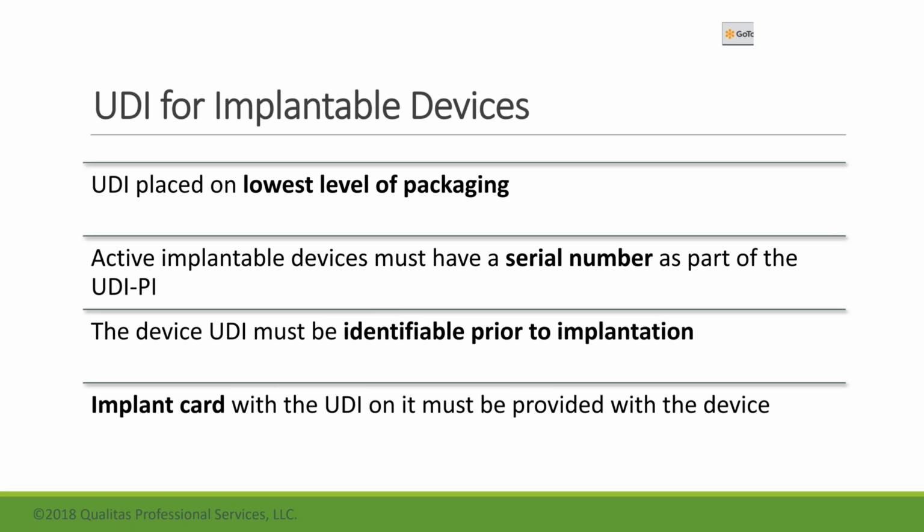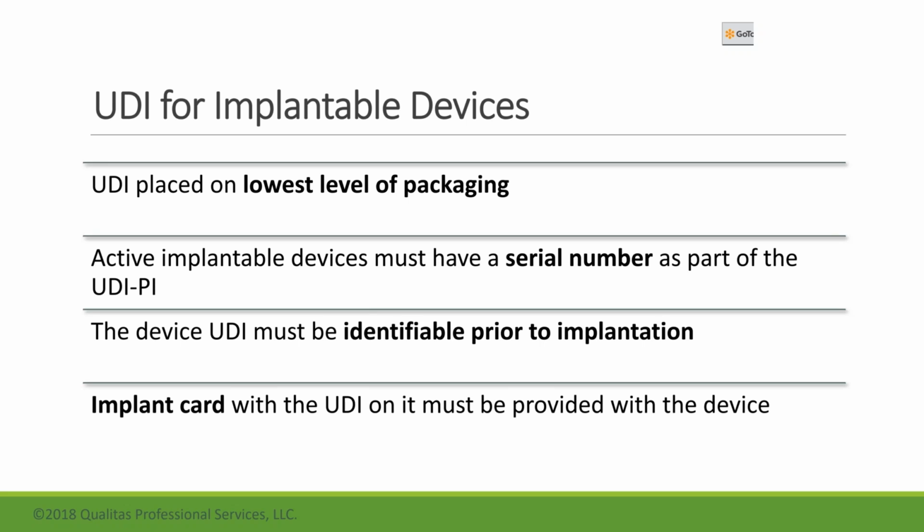Active implantable devices must have a serial number as part of your UDI-PI. So that production identifier needs to have that serial number. The unique device identifier, UDI, must be identifiable prior to implantation. So how are you going to do that? If it's on that lowest level of packaging, how is the healthcare practitioner able to find that UDI for the implant?